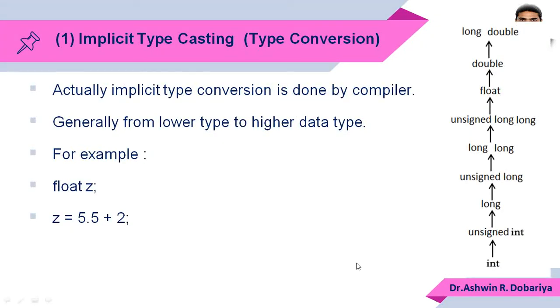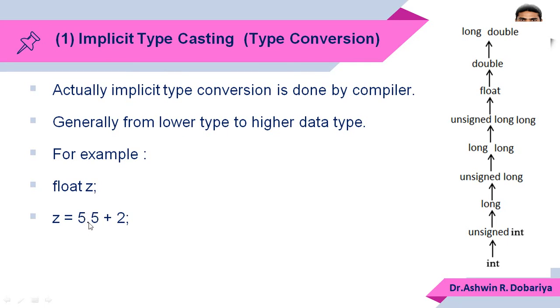If we see the sequence of how the compiler converts from one data type, automatically, implicit type conversion is done by the compiler generally from the lower data type to the higher data type. Lower data type means in terms of size, so integer. First it will verify which is the lower data type variable, and that data type is promoted to the higher data type according to the other operand.